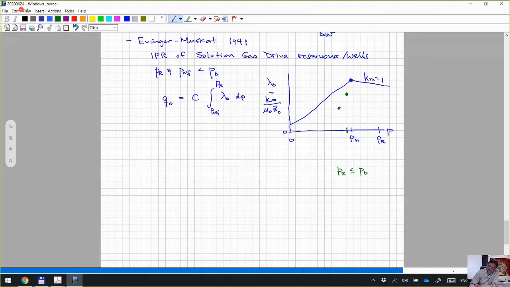Drop like that, like that, like that. So as the reservoir pressure drops, you'll get something that goes like that, like that, like that. And they give a method for finding these lines, this oil mobility when you're in the two-phase region.